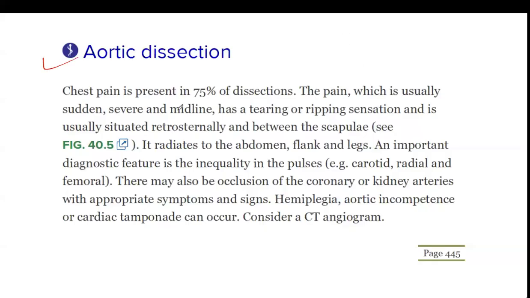Next, we have a few other causes of chest pain. So aortic dissection is really important, and it comes in exams in different ways. Now, this is not just John Murtagh, it's a combination of lots of research together. Okay, so not directly from John Murtagh.